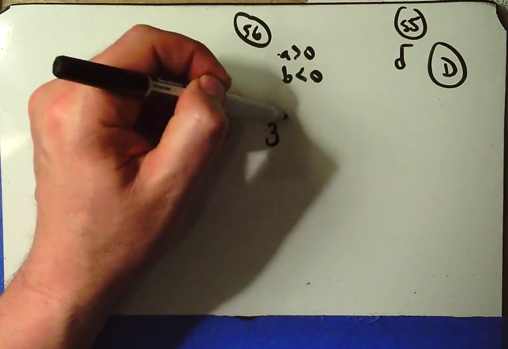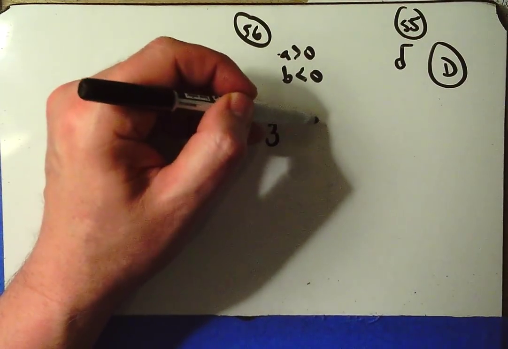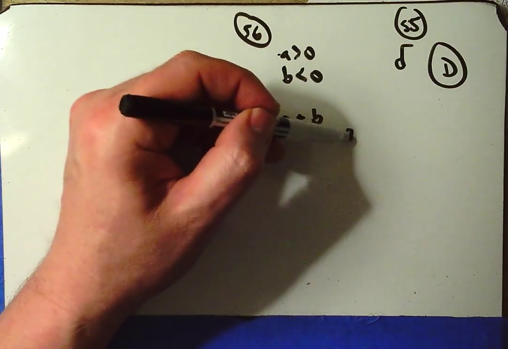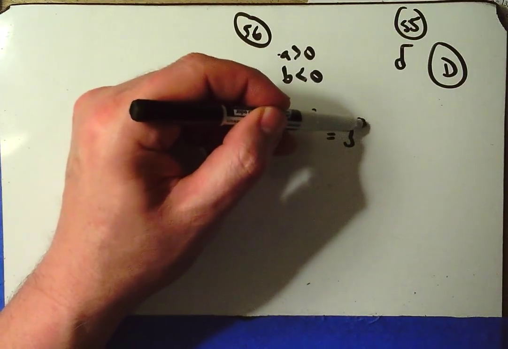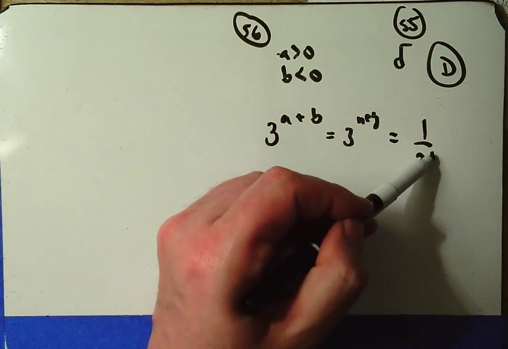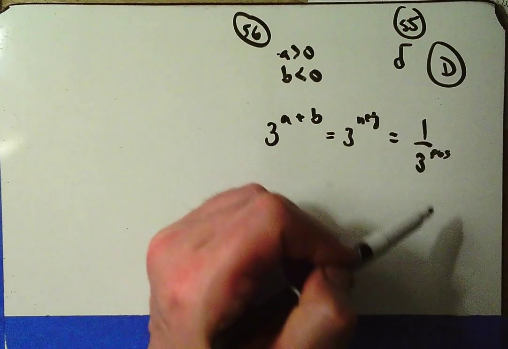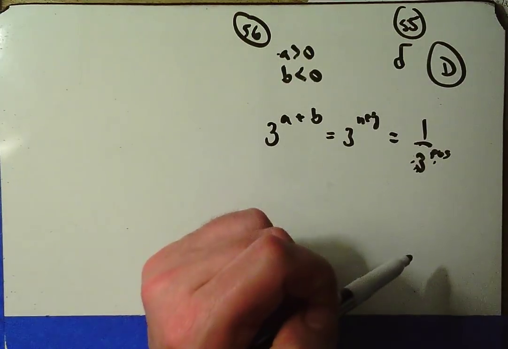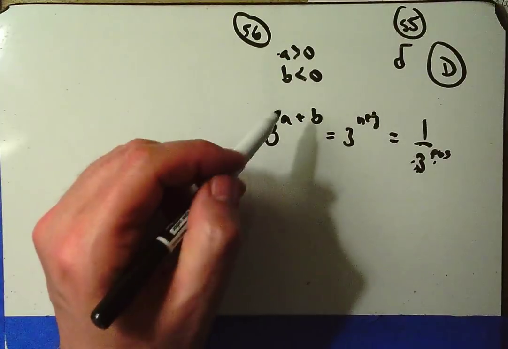So if I do a positive plus a negative, well, that could give me a negative number. And 3 to a negative number would be something like 1 over 3 squared or 1 over 3 to the third, that's not an integer. So that's not going to work.